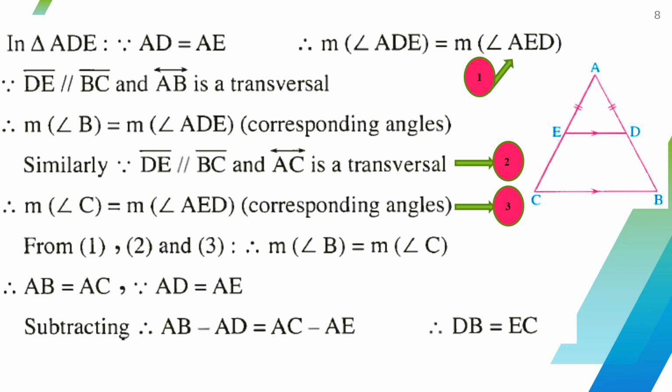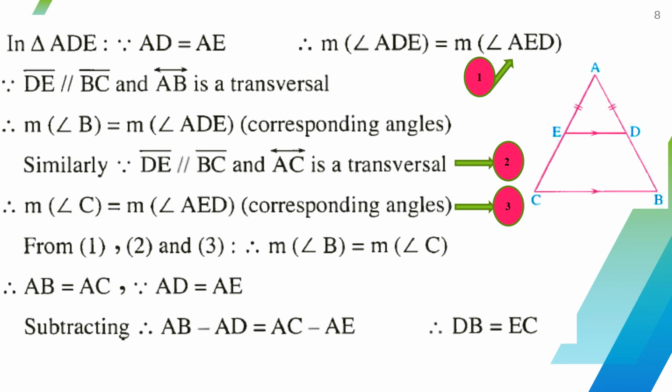And in our given, DE is parallel to BC. So when DE is parallel to BC and AB is a transversal, then the measure of angle B equals the measure of angle ADE as corresponding angles.